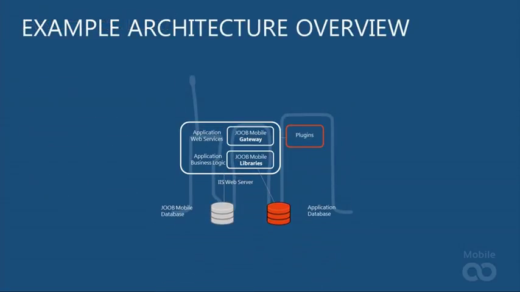So if we look at the example architecture, this is what we're actually using for Jude Mobile. As you can see down the bottom, you've got your application and the Jude Mobile databases. You've got the IIS, and inside the IIS layer, we've got the Jude Mobile libraries. This is where we store a lot of the stuff around basic utilities.